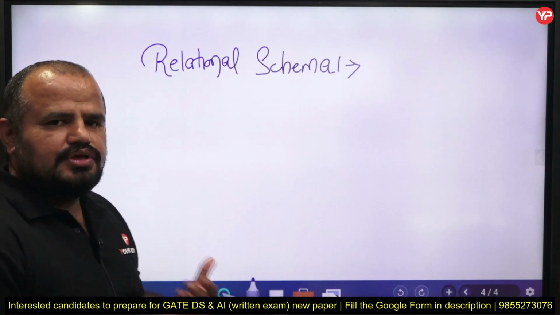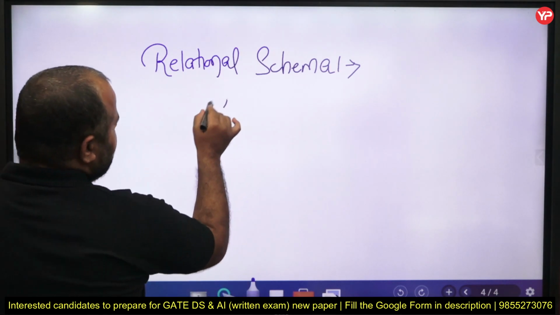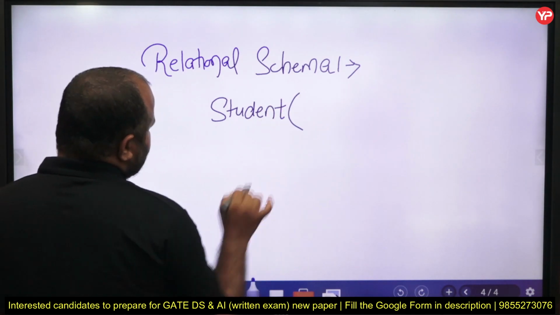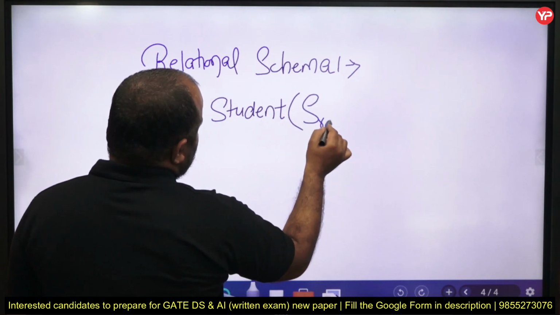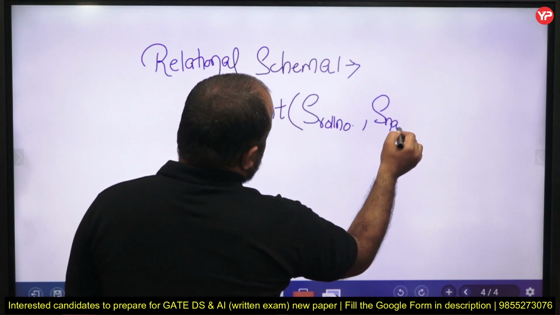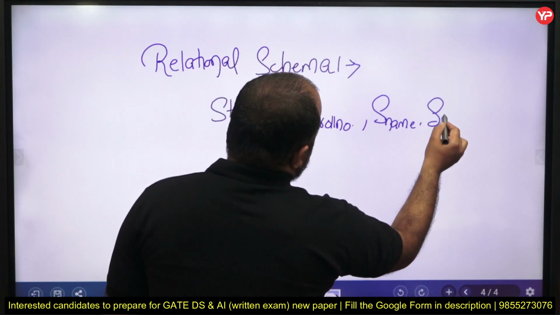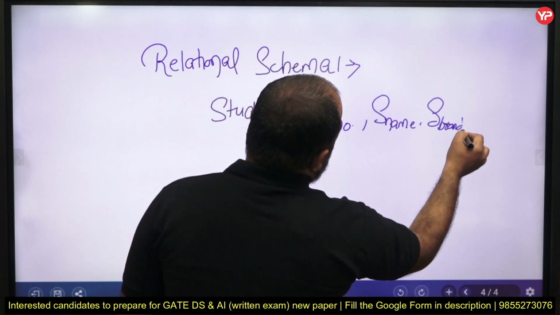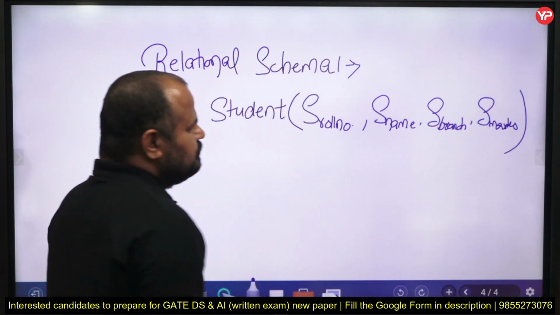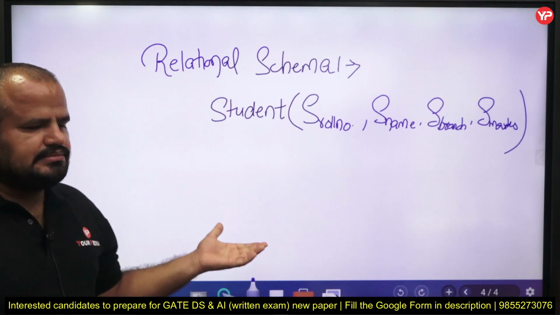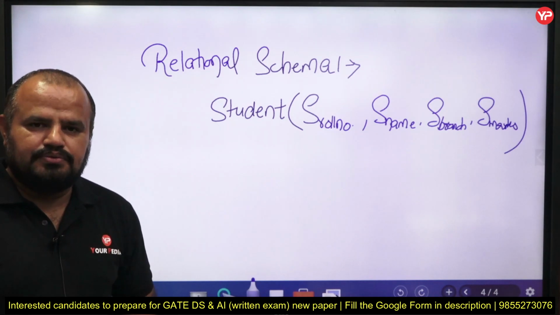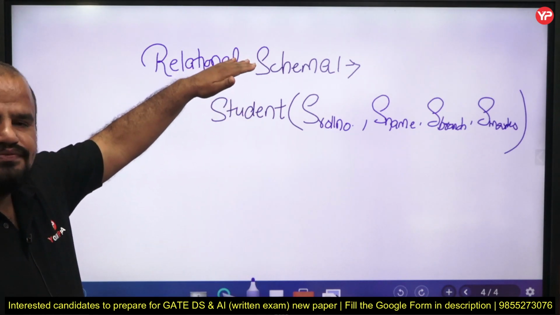Suppose I say I have a relational schema Student, with student roll number, student name, student branch, and student marks. Can I write here the records you have? No. I am hiding something from you, but giving some abstract detail. That is called relational schema.